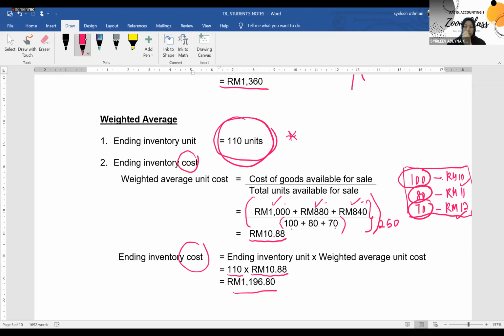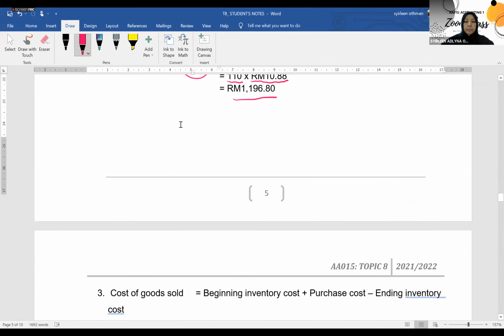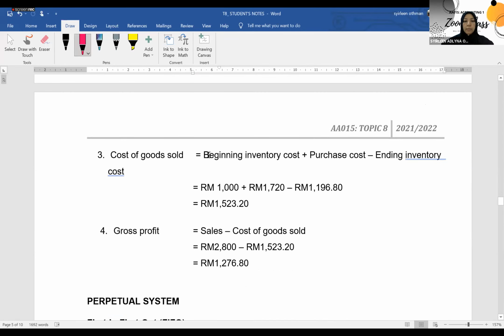Okay, so now kita nak kira sama jugalah. Once you already calculated your ending inventory cost, we are going to calculate our COGS. Okay, COGS masih based on your unit. So COGS kamu beginning inventory cost plus purchase cost minus ending inventory cost. Okay, so my beginning inventory cost is still the same. My purchase cost pun sama, masih sama.